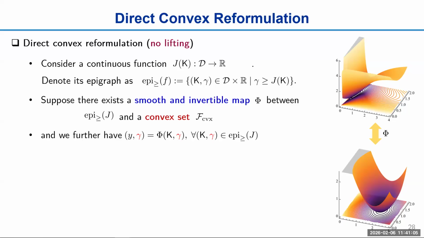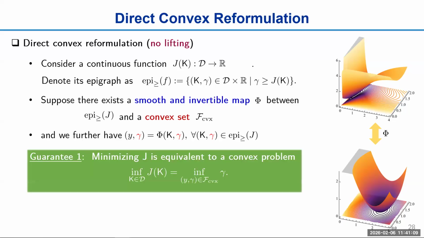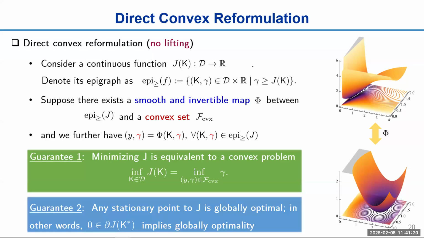So really what you say is that you have a non-convex thing, after the map, you get a convex thing. And now of course, if I minimize the non-convex function, this will be equivalent to minimizing this convex function, because this map is smooth and invertible. And also you can show that any stationary point of the original function will be globally optimal. Again, this is because of this smooth and invertible map.